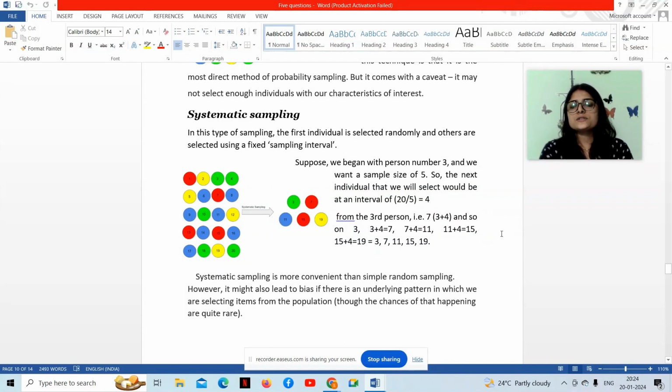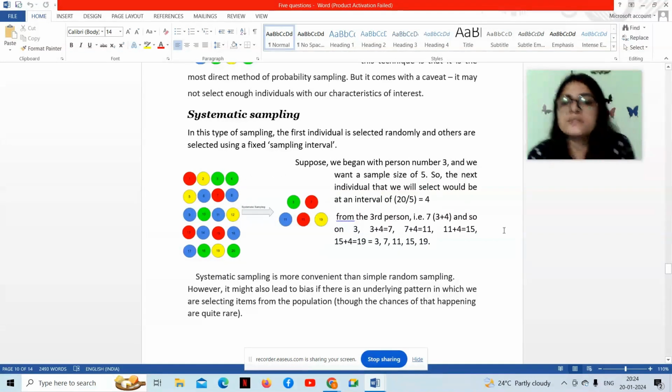Suppose we begin with the person number 3 and we want a total sample size of 5, started from 3. So the next individual that we will select would be at the interval of 20 by 5, which means 4.